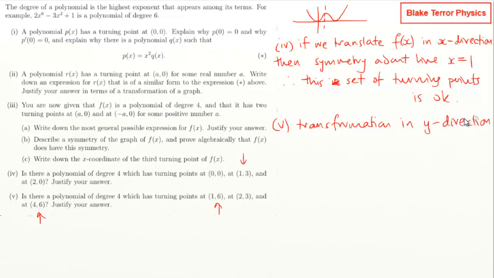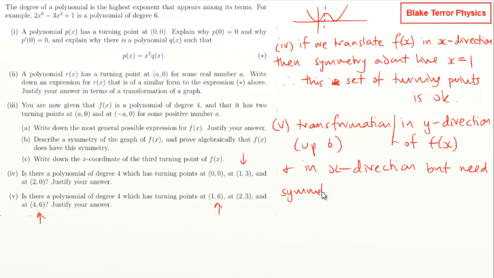That means we've gone up 6 here, up 6. Transformation maybe of f of x in y direction. And in x direction, but we need symmetry about line x equals 2, which we don't have, which isn't the case for these turning points.